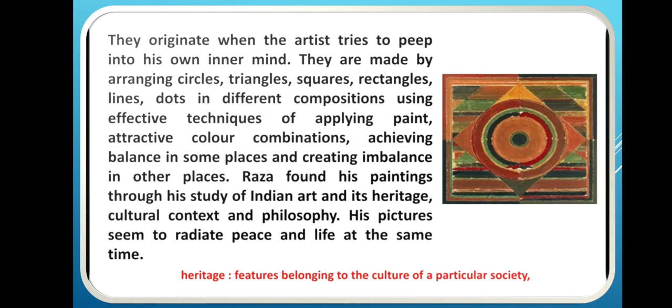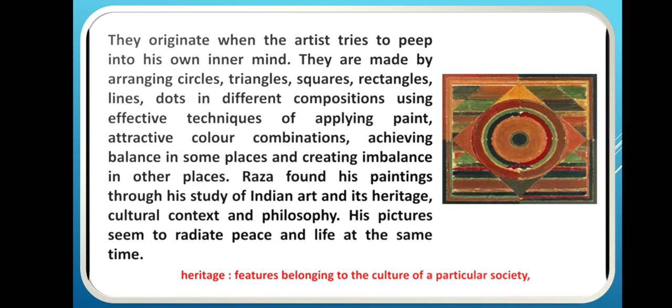And as we have already read, he was always using blue and orange. Effective technique of applying paint, attractive color combination, achieving balance in some places and creating imbalance in other places.